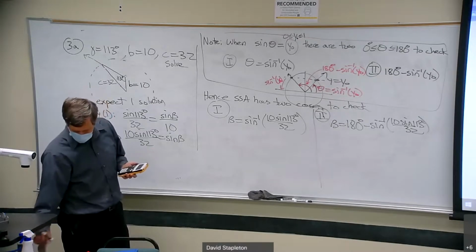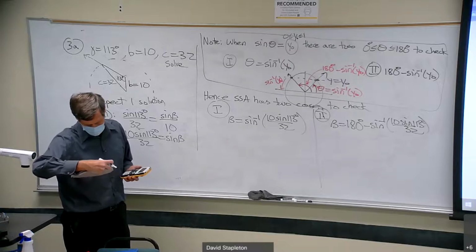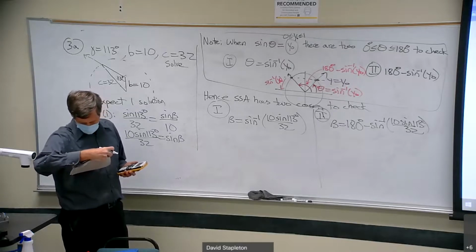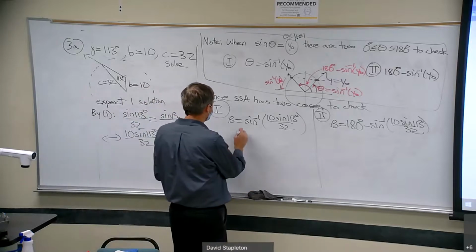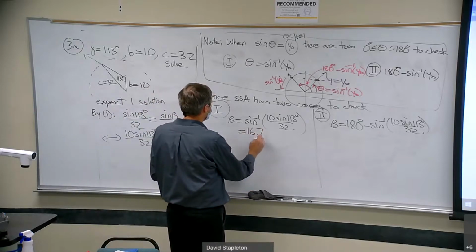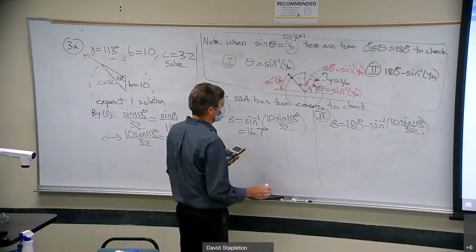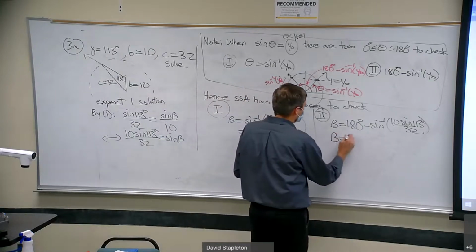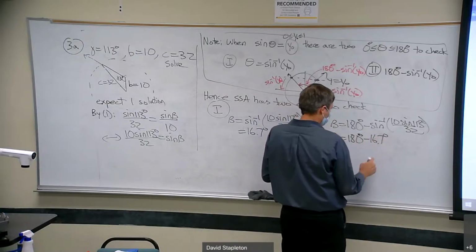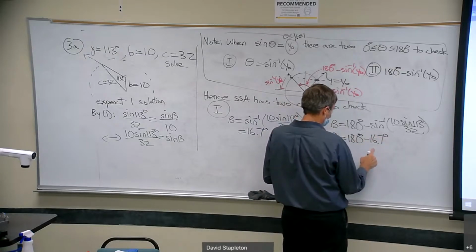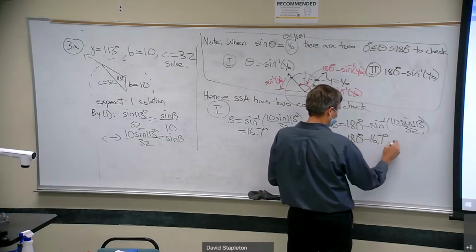Let's see what this said on here actually. Here's tenths. Okay, we'll call it 16.7. Well, the only other possibility then is beta equals 180 less 16.7, which is 163.3.